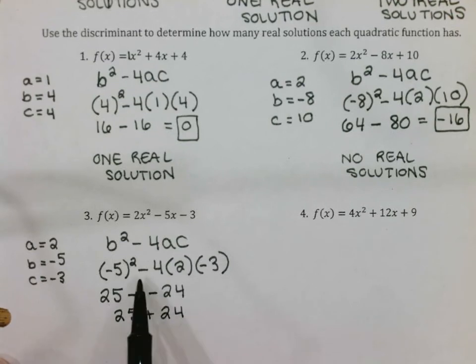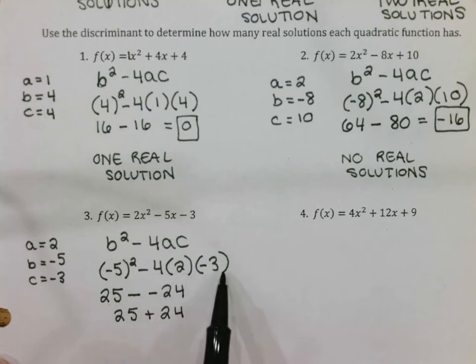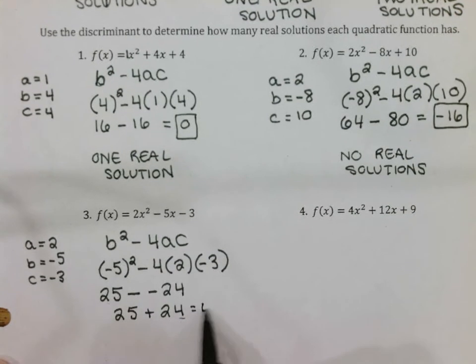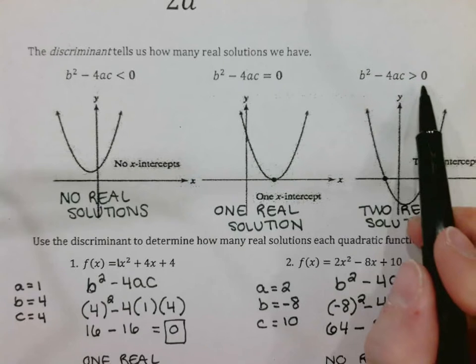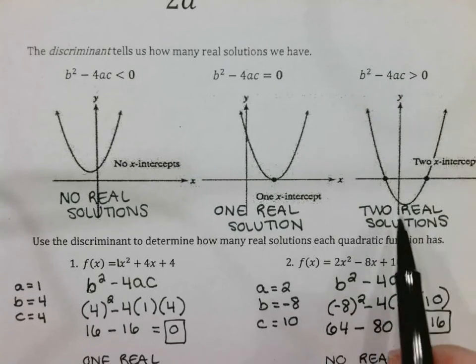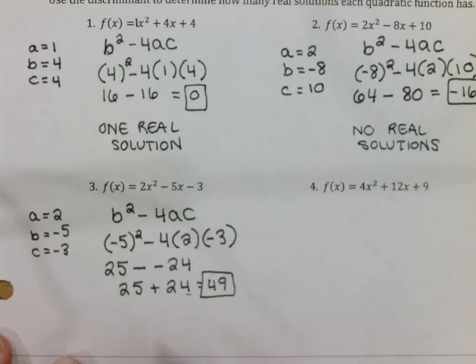And you could have thought of this as negative 4 times 2 times negative 3, and that would have gotten you that positive 24, which is equal to a positive 49. So we have a positive discriminant. If our discriminant is greater than 0, a positive number, we have 2 real solutions.